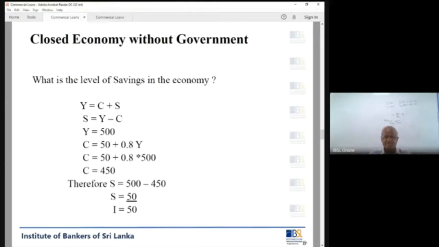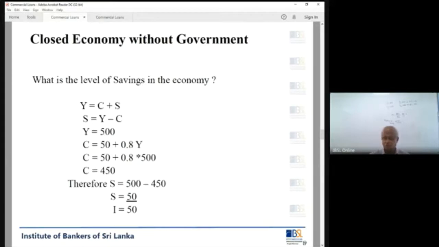Therefore, the total savings level is 50. I always try to explain these things using a household. If household income is 500, household consumption is 450, household savings is 50. The same thing can be generalized to the national income. If the national income GDP is 500, total national consumption level is 450, total savings level is 50.